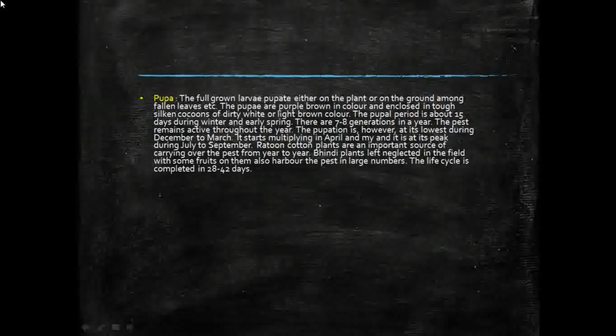So when the larva becomes completely grown, it pupates either on the plant itself or on the ground among the fallen leaves, and this pupa is purple brown in color but enclosed in a tough silken cocoon. This cocoon is dirty white or light brown in color.